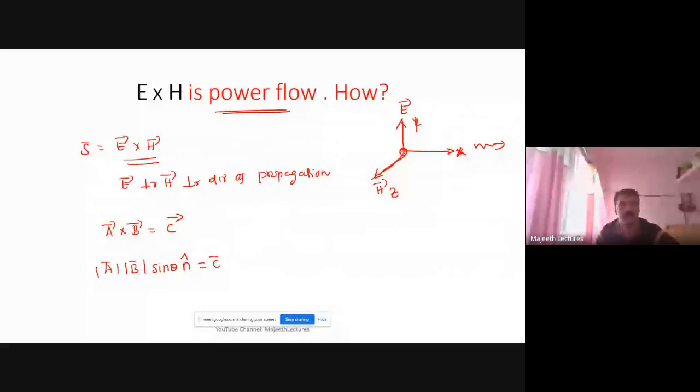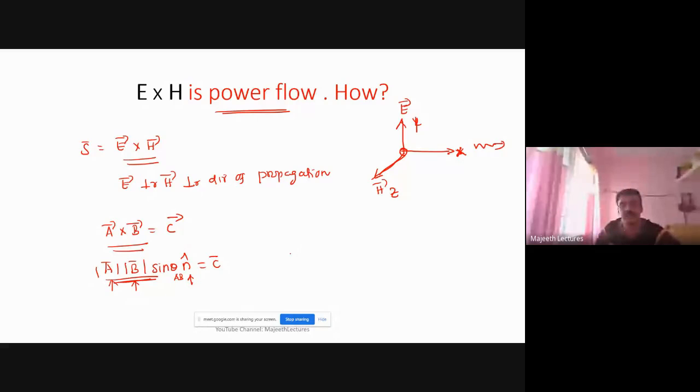That means if you take a cross product between two vectors, the resultant vector will be equivalent to the magnitude of the first vector, the magnitude of the second vector, sine of the angle between the first vector and second vector, and the direction will be perpendicular to both A and B.